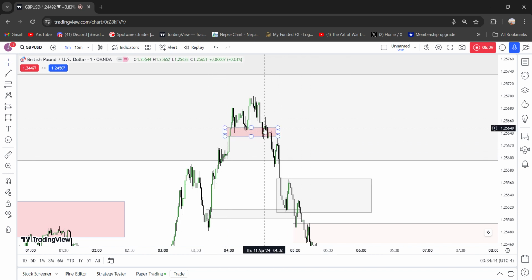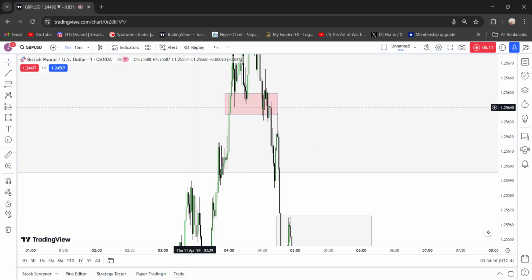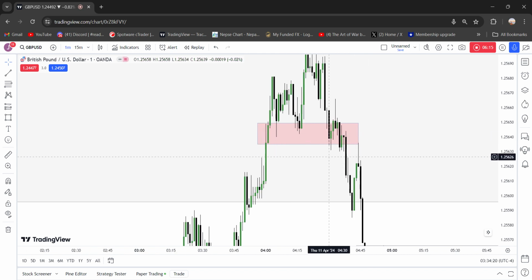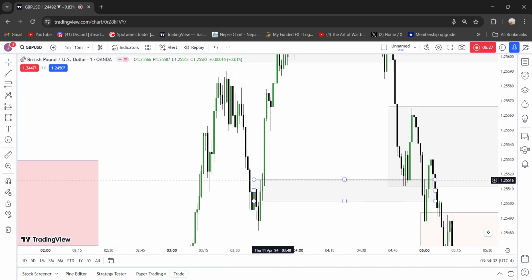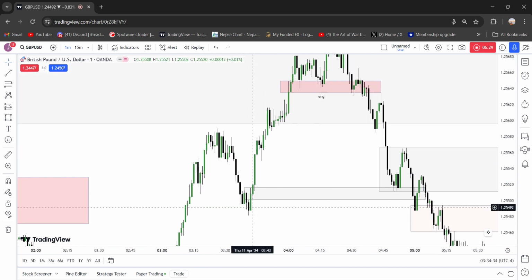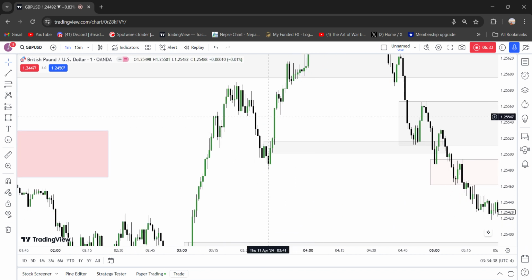From here, what happened? I'll tell you. This kink in here, price engulfed this order. Price came back up to here. Now, when price engulfed this zone, there is a target somewhere around here. There is already a target around here. So what I was actually looking at was this particular zone from here.